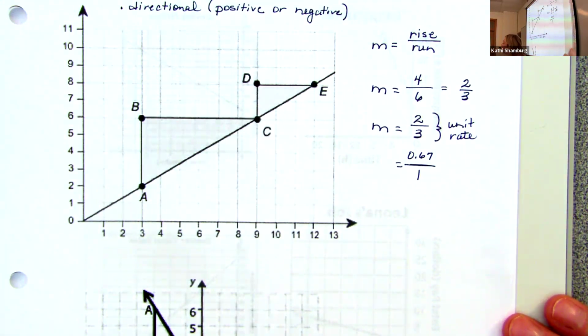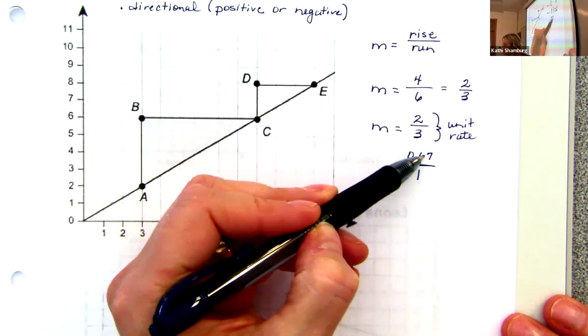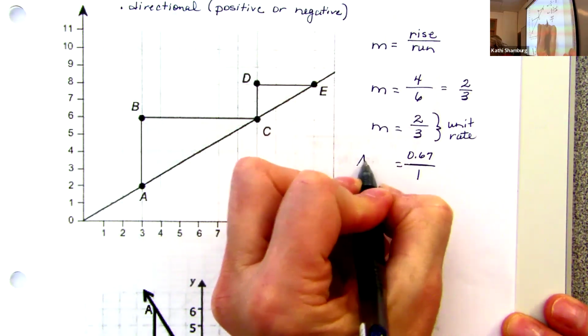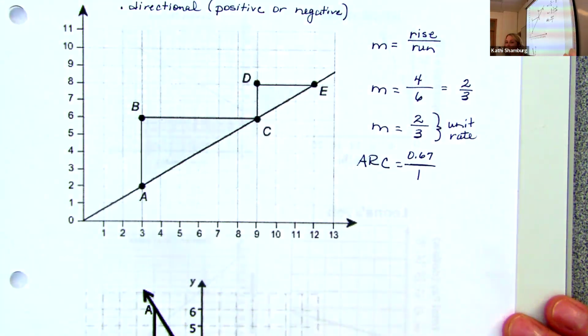Now, you just did something similar to this on the test, but it looked a little bit different. It was something over 1. What was that called that we just did on the test that you had to find for me? Average rate of change. Slope and average rate of change are the same thing.